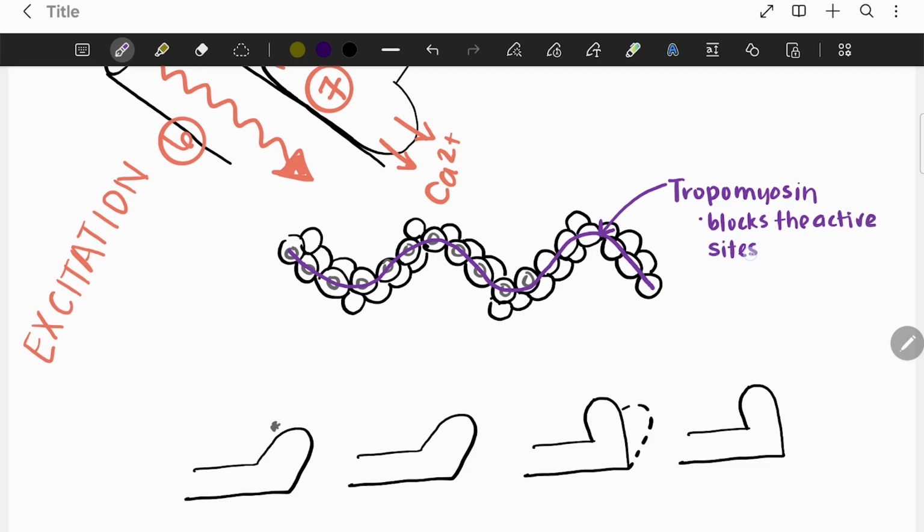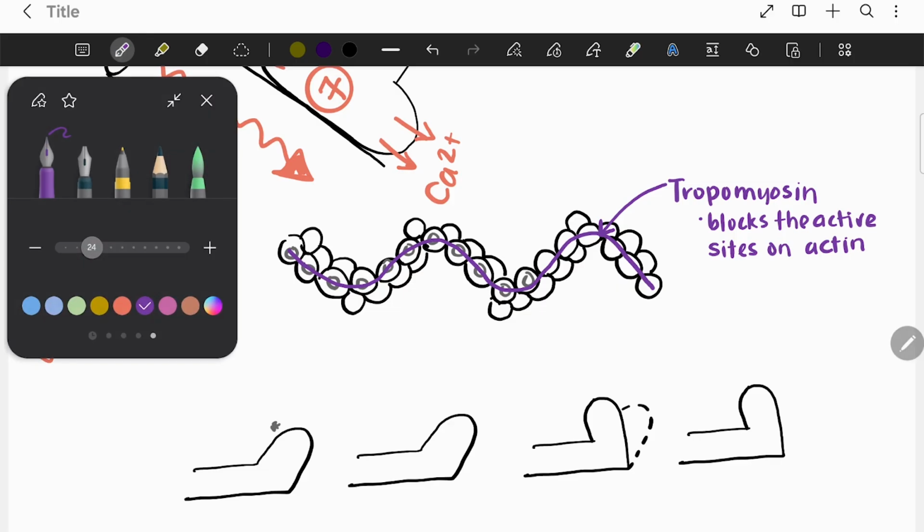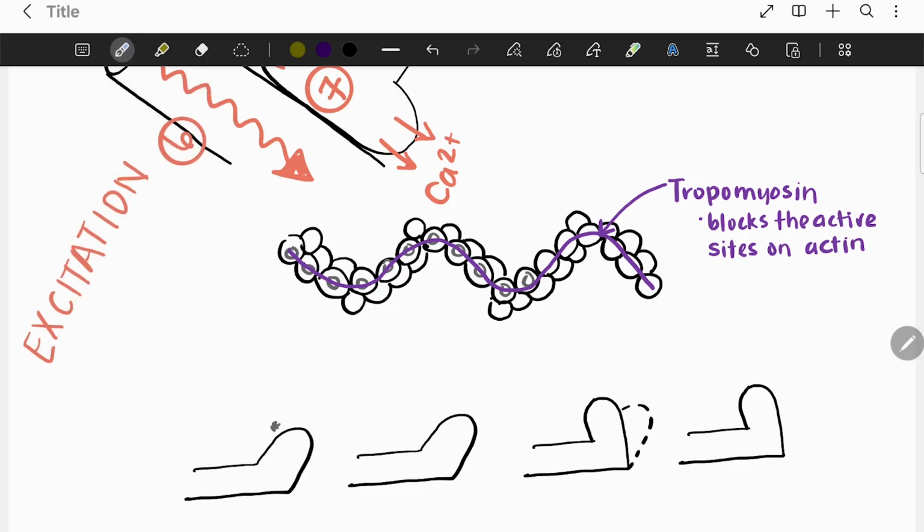And the reason is because we don't want the muscle to be contracting all the time. We only need it to contract when we need it to contract. So when you don't need it to be contracting, you want that tropomyosin sitting there, keeping the active sites shut down, basically. And in addition to tropomyosin being there, there's another protein involved called troponin.